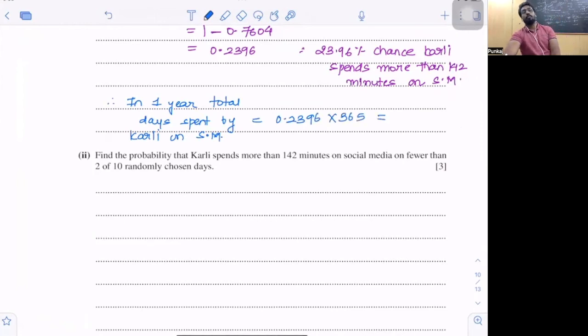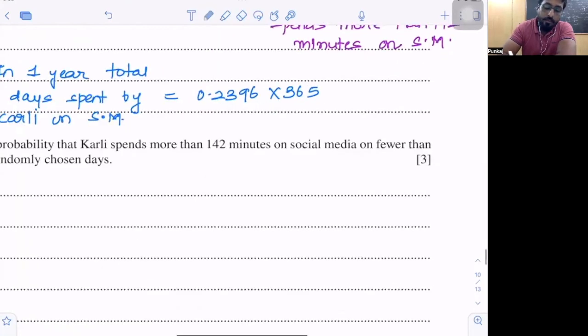So what's the answer going to be? It's 0.2396 multiplied with 365. That's 87.454. So that's 87 days, right?